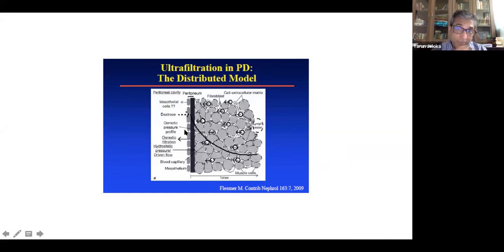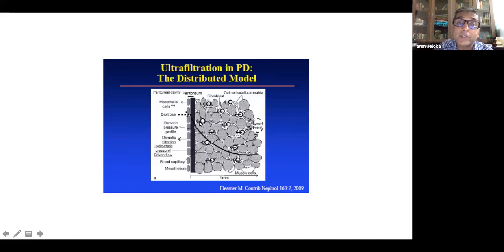Now this again depends upon the proximity of the vessels as compared to the peritoneal cavity. So farther away from the peritoneal cavity, the osmotic effect will be lesser. All those capillaries which are very close to the peritoneal cavity will have a higher impact of osmotic effect.